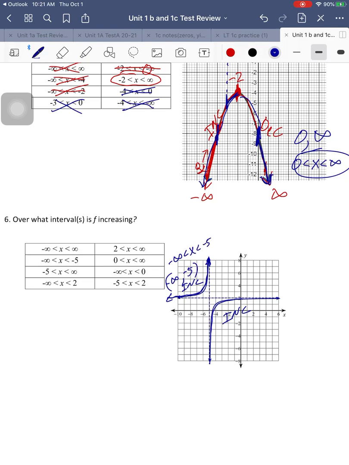Written with inequalities, like that. Second portion is increasing from -5, and it's going to go to the right forever to infinity. So you can write it like that, or you can write -5 less than x less than infinity. So which one? So -5 to infinity, check, and -infinity to -5.